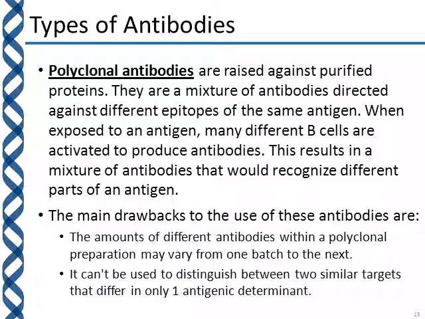The main drawbacks to using these antibodies are that the amounts of the different antibodies within a polyclonal preparation vary from one batch to the next. They will also vary between one animal and another that produce these antibodies. It can't be used to distinguish between 2 similar targets that differ in only one antigenic determinant.